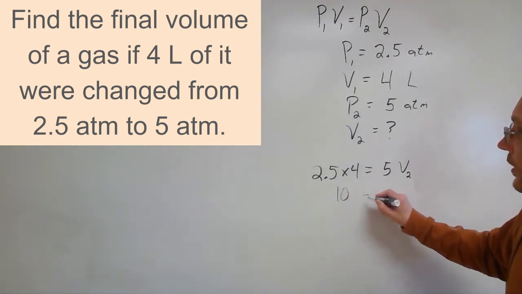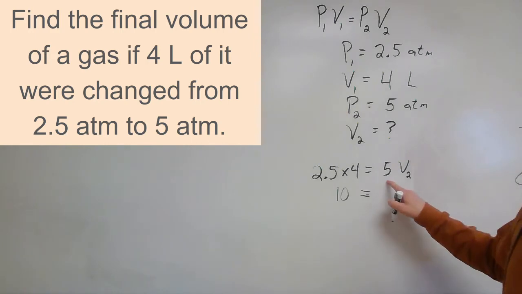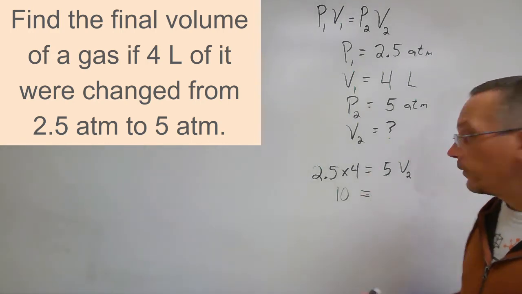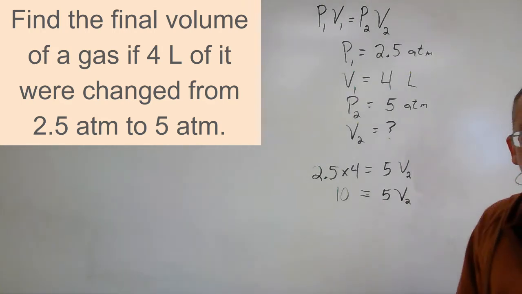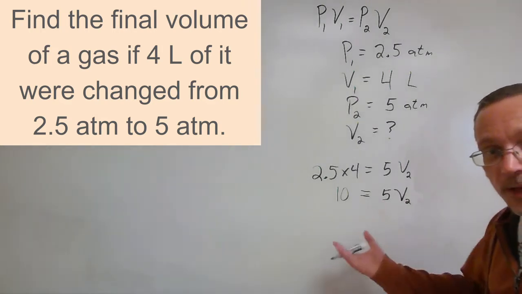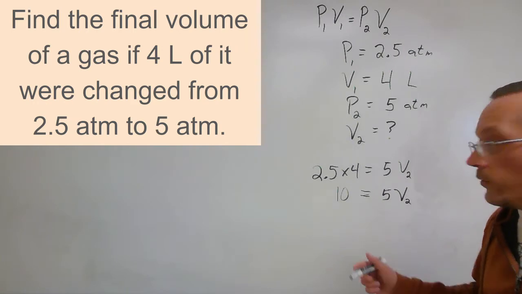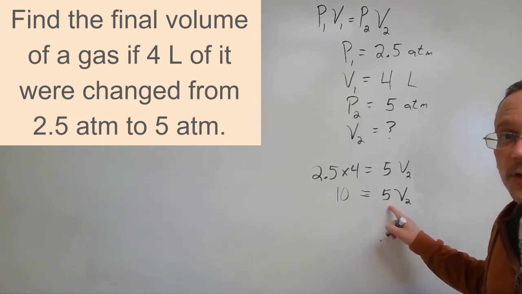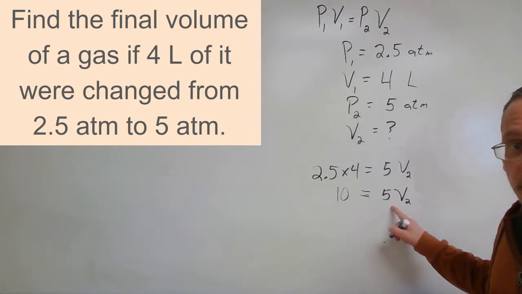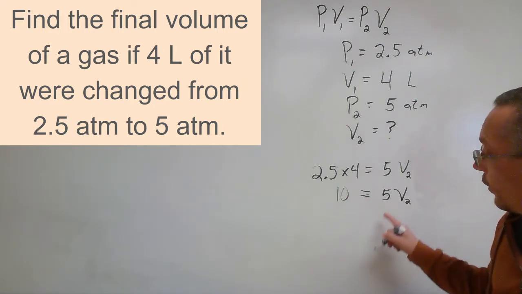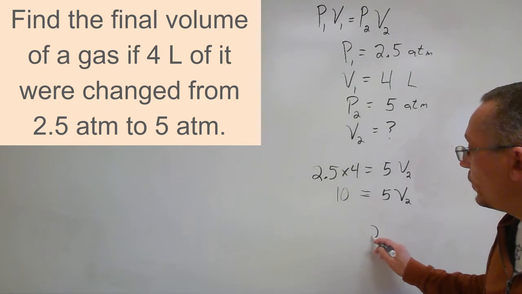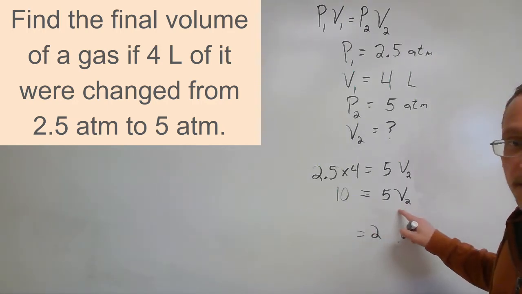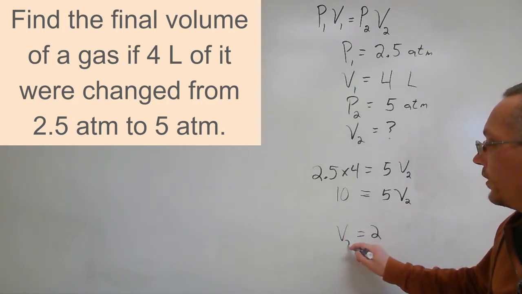On the other side, you have a number and a variable, so just bring those down: 5 times V2. To solve this, all we have to do is divide by the number that's with the variable. So I'm going to divide both sides by 5. 10 divided by 5 gives me 2, and on this side I'm left with V2.